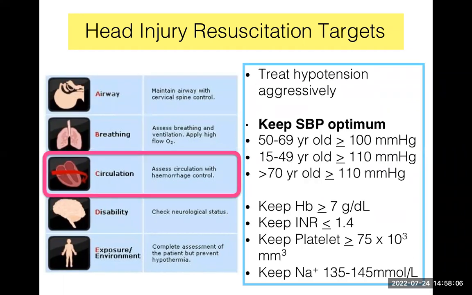In circulation, we must treat hypotension aggressively and keep the systolic blood pressure at 100 to 110 millimeters of mercury, and keep the hemoglobin level more than 7, INR less than 1.4, platelets more than 75, and keep the sodium level at 135 to 145.